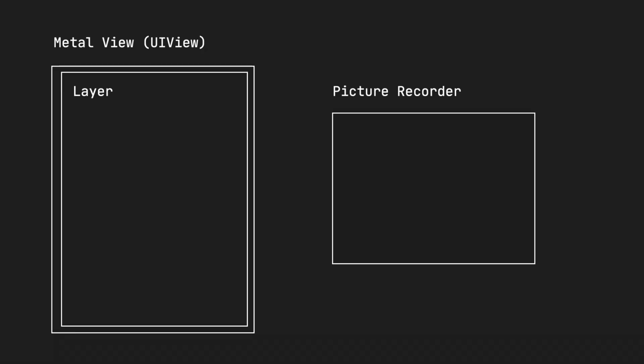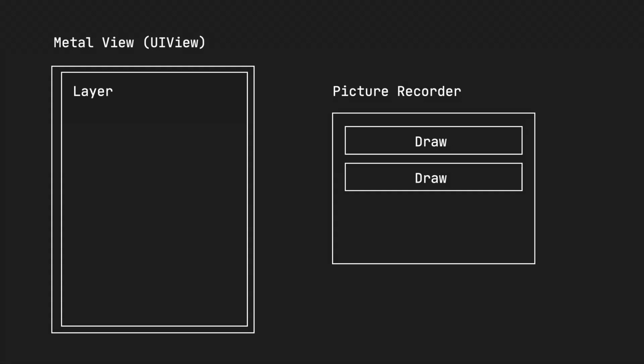So the layer, what it does underneath the hood, what metal view does, that metal redrawer does, is that it creates something called a picture recorder. The picture recorder is part of the Skia drawing library, and it records all the different draw commands one by one, and creates something called a picture, which gives that to the surface to draw.